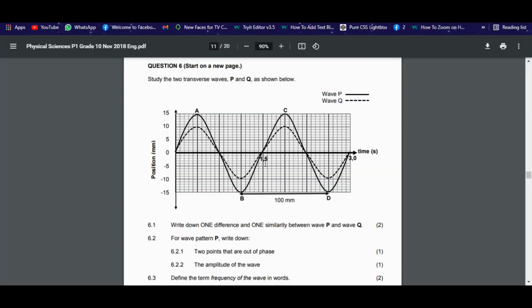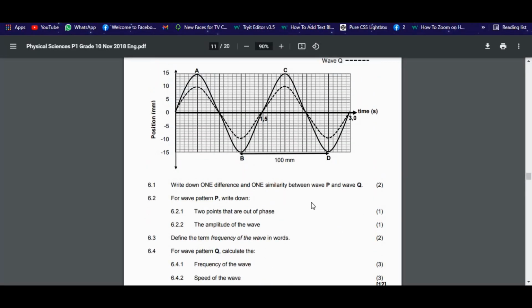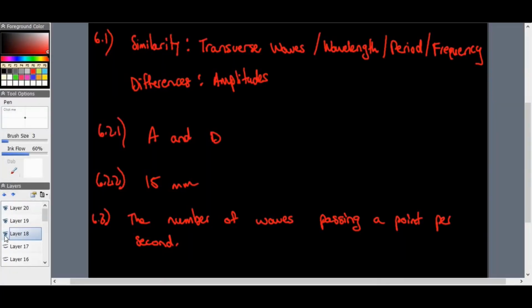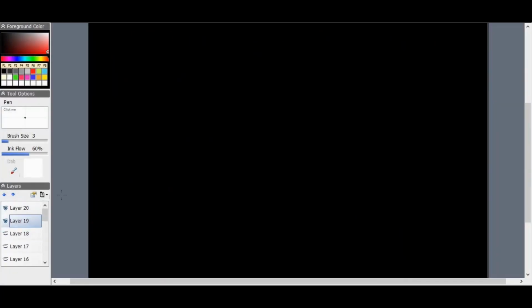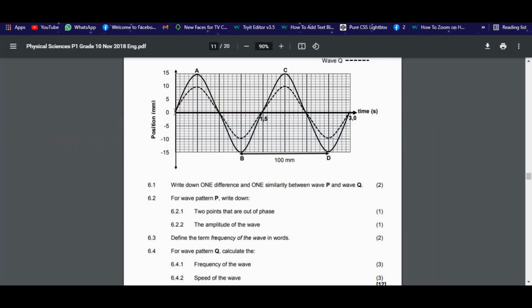It's 6.4.1 for wave pattern Q, which is the dotted line. Okay, so for wave pattern Q, calculate the frequency of the wave. Okay, we know that we have the period, we know the time in seconds, so frequency is equal to 1 over T. So we see the period of the wavelength for wave Q, for one wavelength to complete, is 1.5.